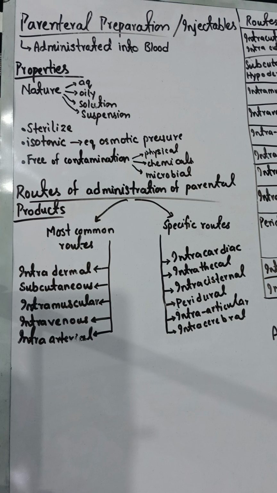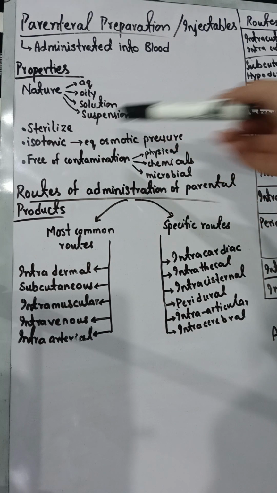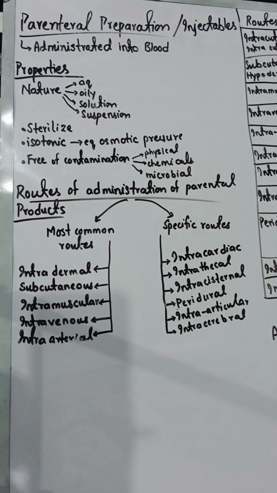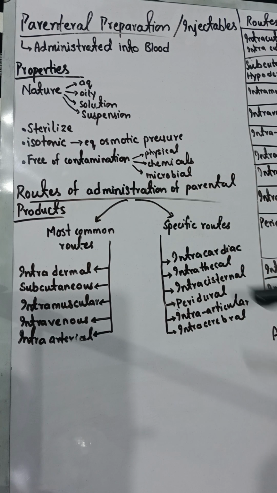Now we are going to discuss the second property, which is sterilization. It should be sterilized from all kinds of microorganisms, bacteria, fungi, and protozoans. And the second thing is it should be isotonic, meaning it should be equal to the atmospheric pressure, and its pH level is adjusted to your blood. If it has a lower or higher pH than the blood, then it will cause serious reactions with your blood and may cause adverse effects.